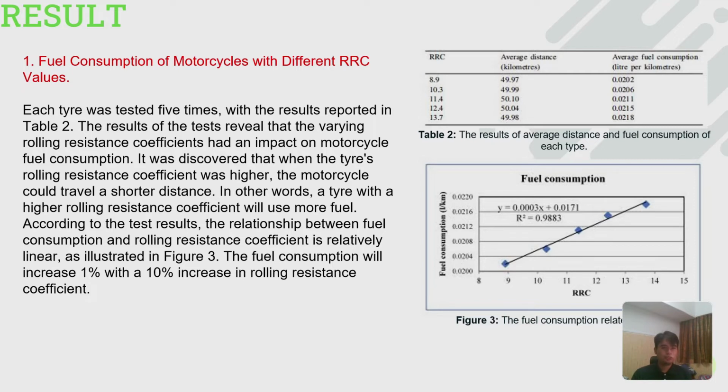According to the test results, the relationship between fuel consumption and rolling resistance coefficient is relatively linear, as illustrated in Figure 3. The fuel consumption will increase 1% with a 10% increase in rolling resistance coefficient. That's all from me, and we move on to AMSYAR QAYYUM.